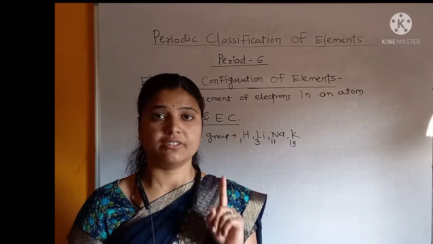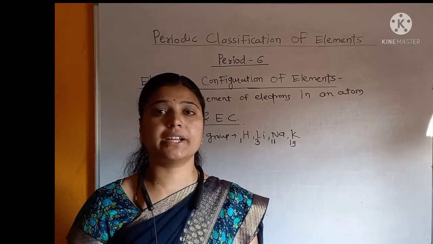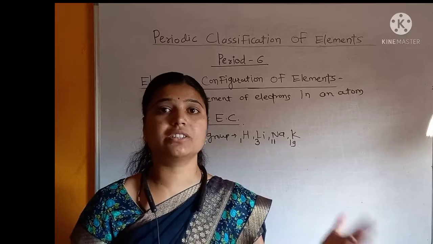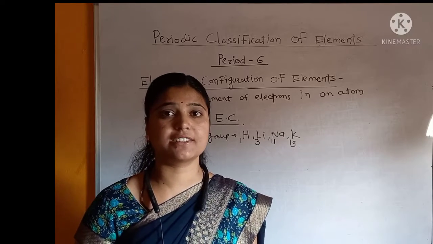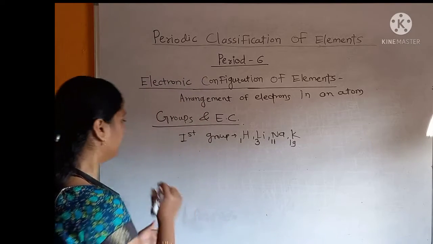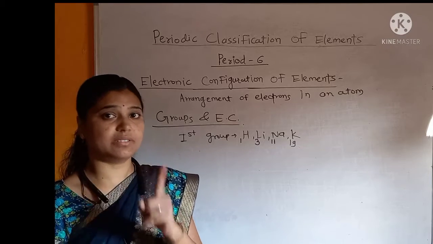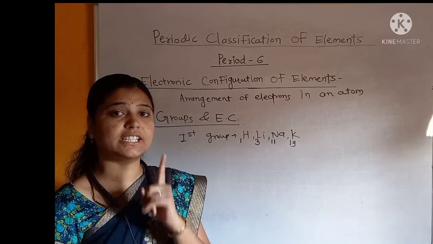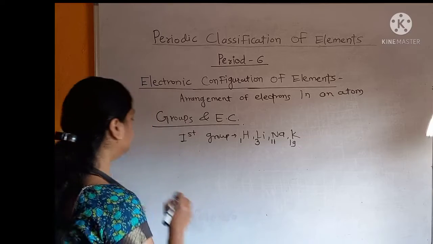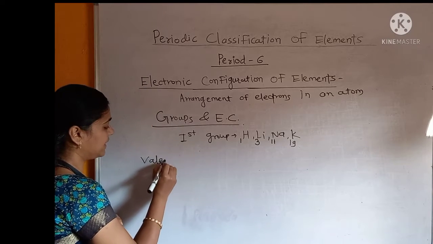Their valency is 1. Valency is nothing but the combining capacity of an element with another element. The first group elements show a valency of 1. Why do they show this valency?